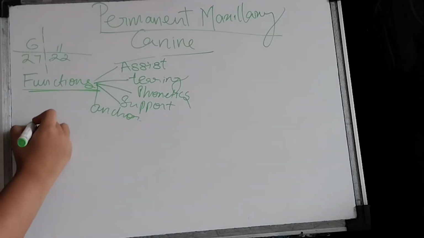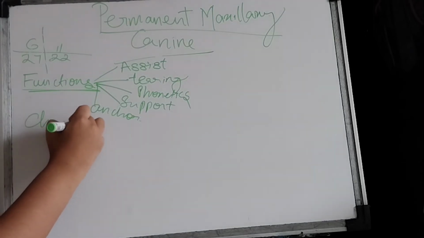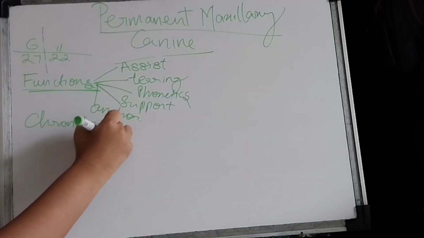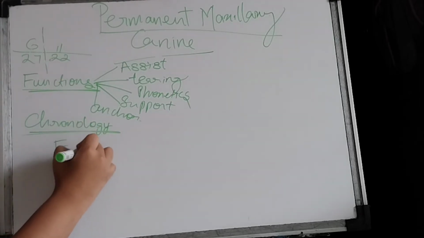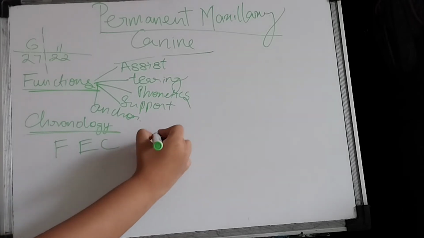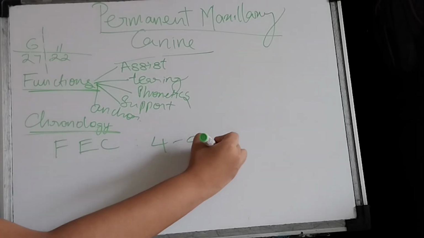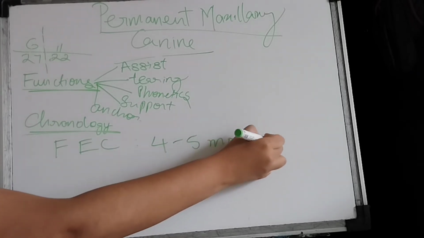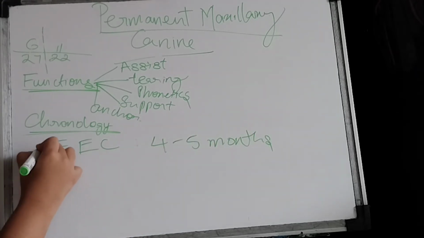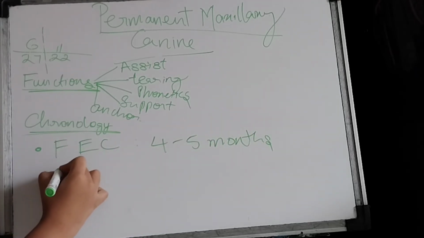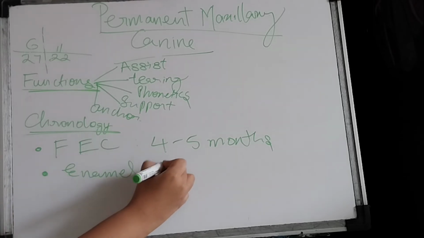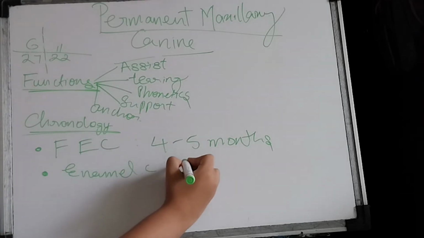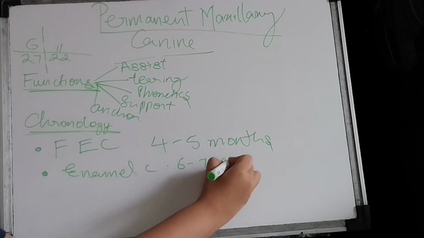Now what is the chronology of this tooth? So first, evidence of calcification happens at 4 to 5 months. Then enamel is completed at 6 to 7 years.